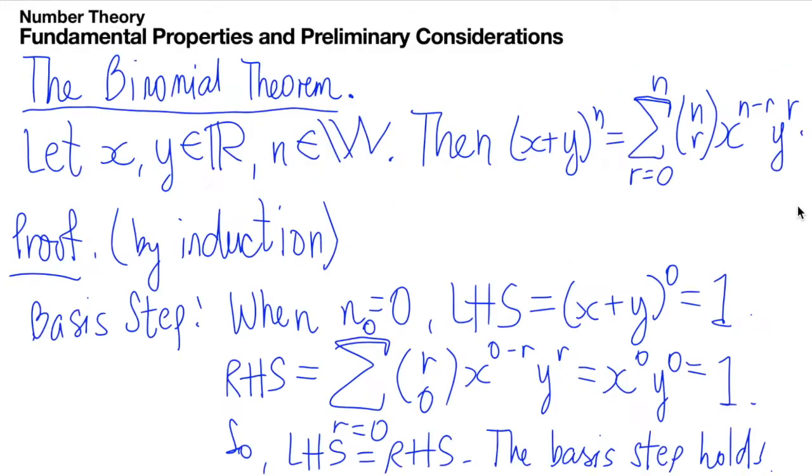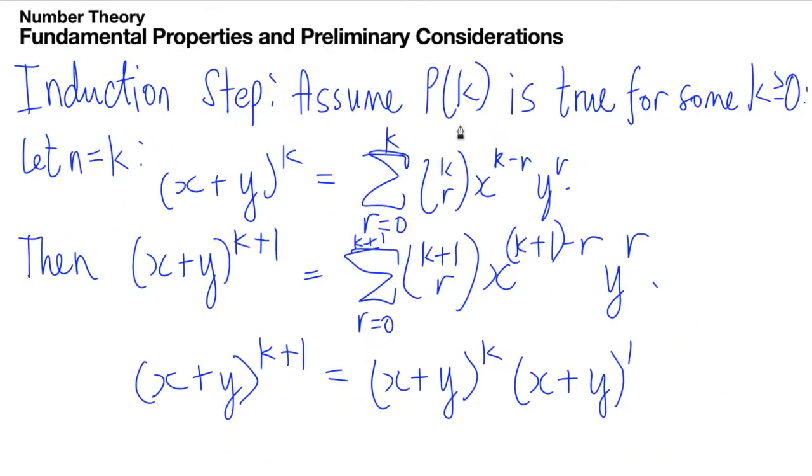From our first statement, we know that (x + y)^k is equal to this, right? So we need to copy the whole of it because they're equal.